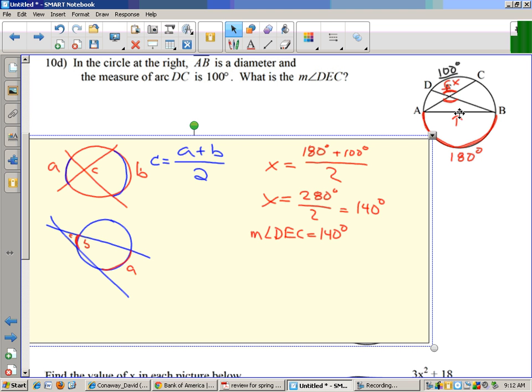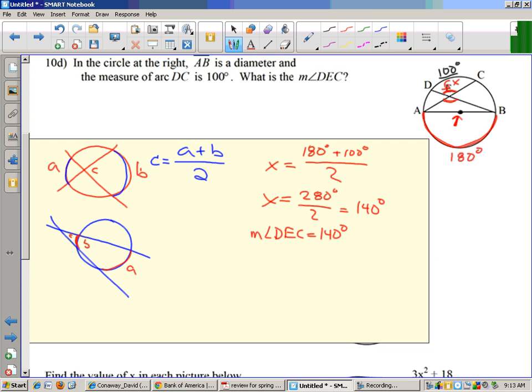How's it not a central angle? Because the angle is not formed at the center. It is formed inside the circle, but it's not at the center of the circle. This would be a central angle, like that. But this one is not formed at the center of the circle.